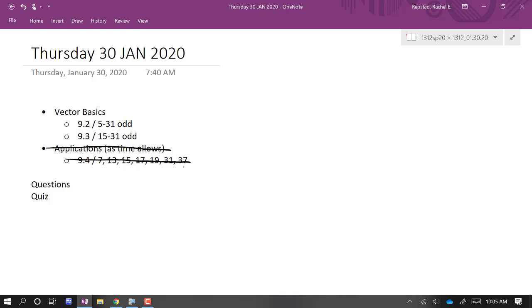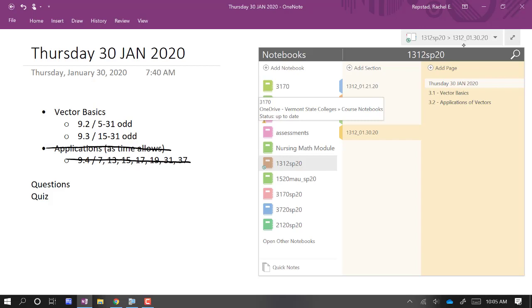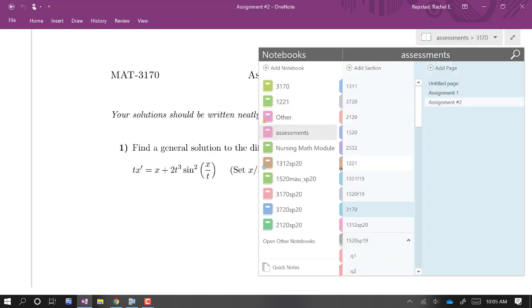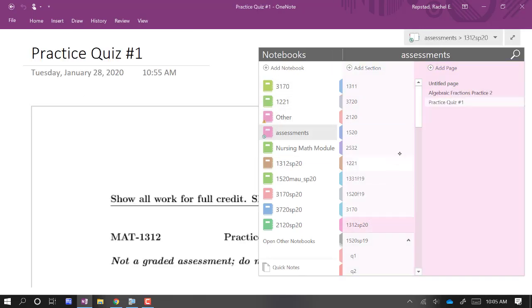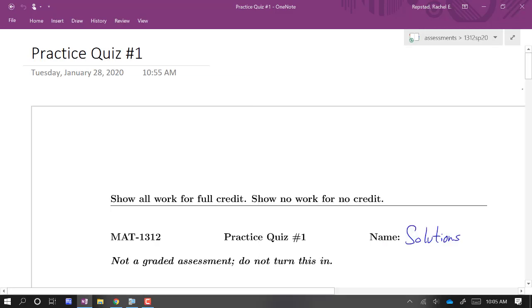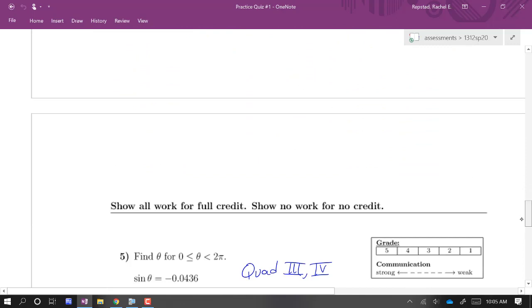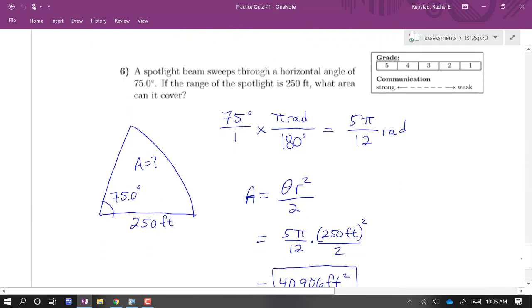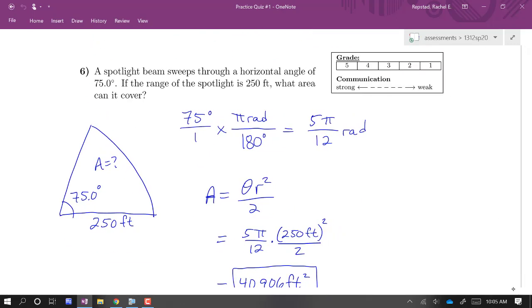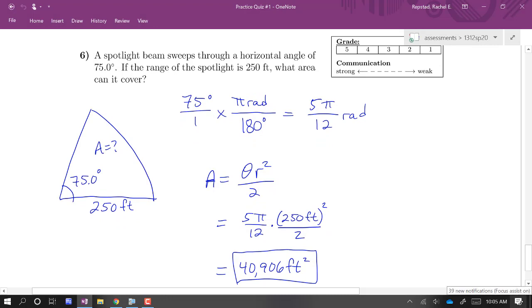Any questions on the exercises? Can we go over the spotlight beam on the practice quiz? Sure. I think I might actually have it. Oh yeah, okay. So in this problem, they said a spotlight sweeps through a horizontal angle of 75 degrees.